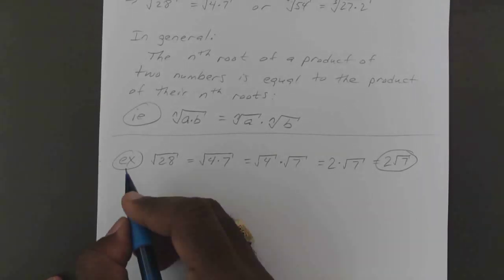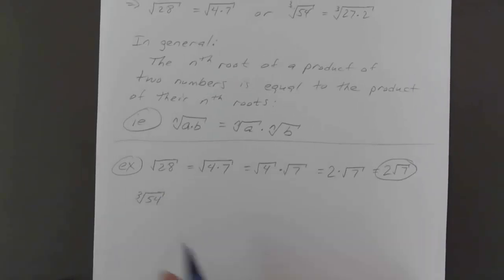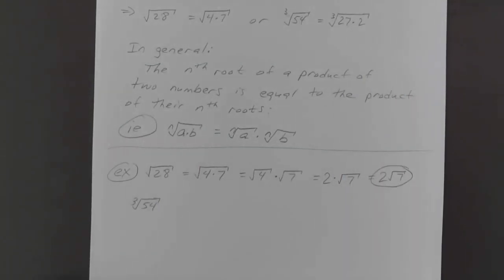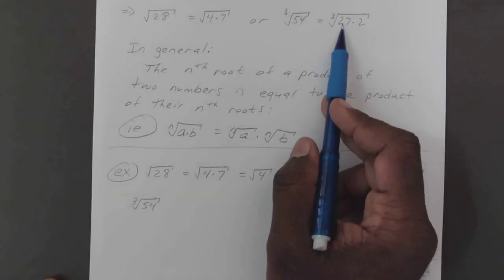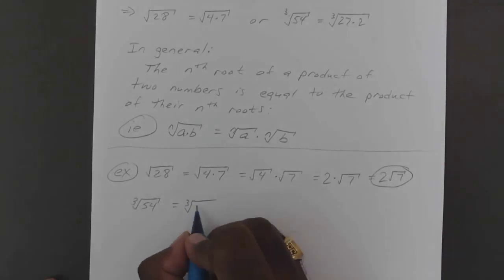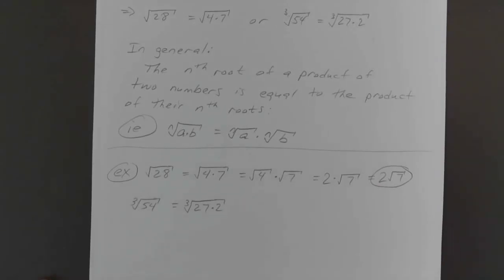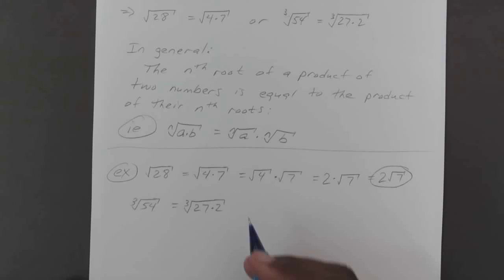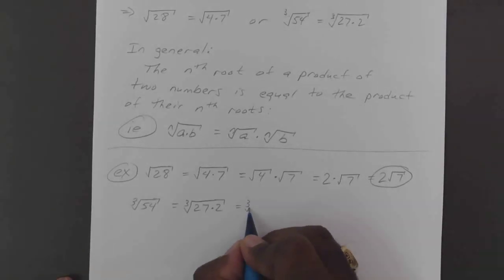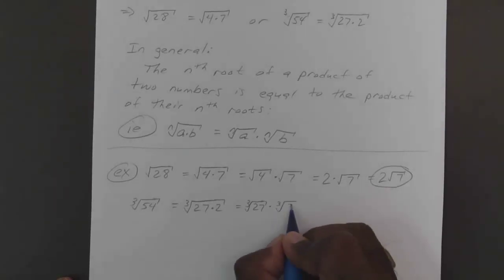All right, so let's say we have the cube root of 54, which is our problem up there. Okay. So we can go ahead and just separate that as cube root of 27 times 2. Then we just break those apart. So cube root of 27 times the cube root of 2.